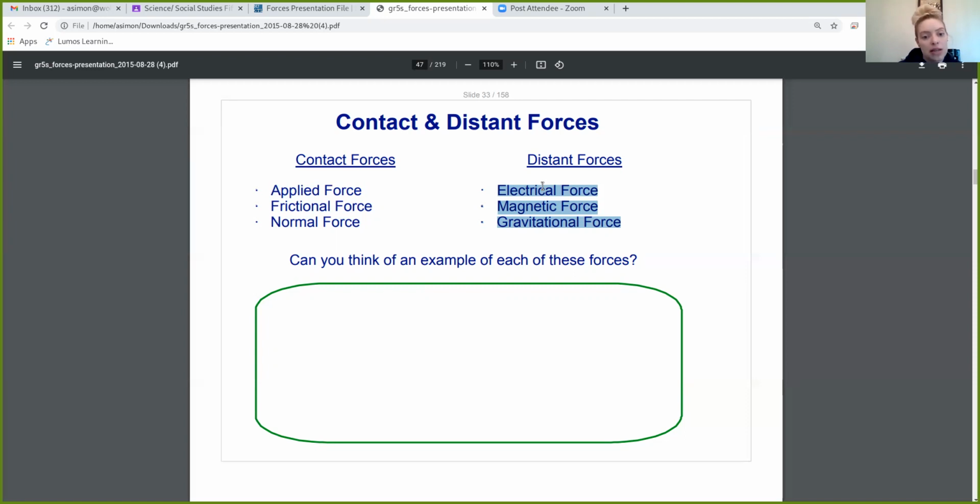Those are all going to be examples of applied forces. Now, distant forces, we look at magnets being put on boards, or the electricity that's flowing through your house, or the fact that we are standing on Earth and not floating in space. Those are all examples of those distant forces. So again, we have contact and distance, and then we break those down even more.